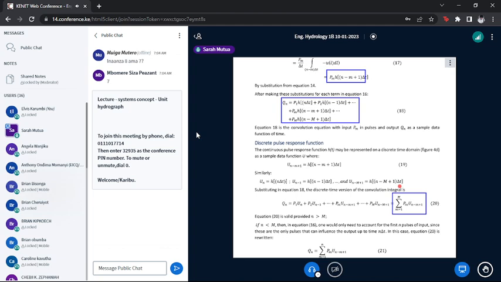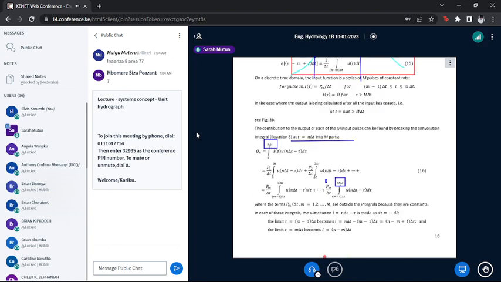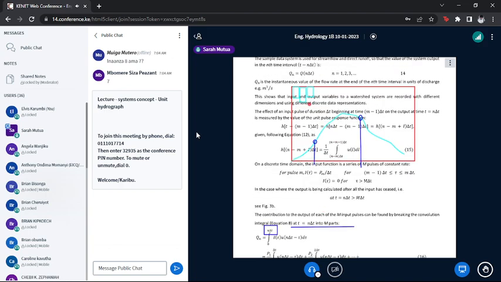And I said, when we were giving the examples, and I don't know which diagram it was, let me check whether it is still there. Yes, during this diagram, the discharge, the response, is an effect of all the pulses during the rainfall and even after the rainfall.